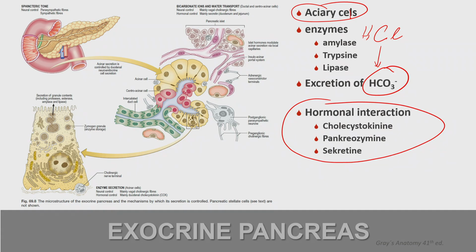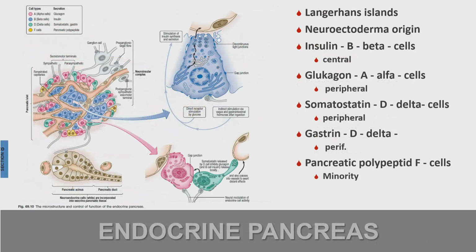GI tube, is guided by hormonal interaction, and those hormones are cholecystokinin, pancreozymin, and secretin, and they are products of the gastrointestinal tube. The second part of pancreas are forming so-called and very well-known Langerhans islands.